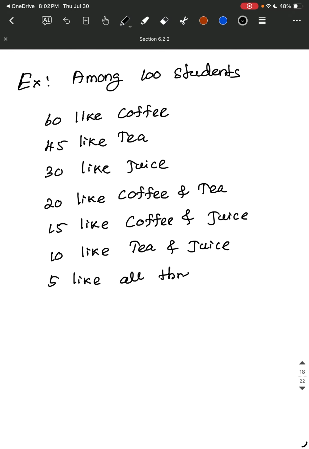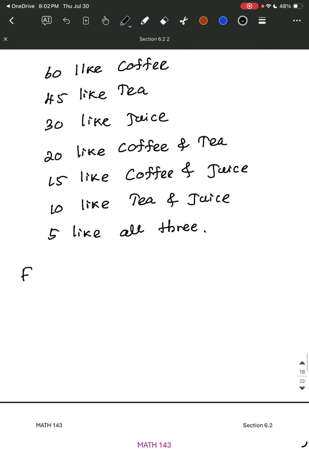Find the number who like at least 1 drink.